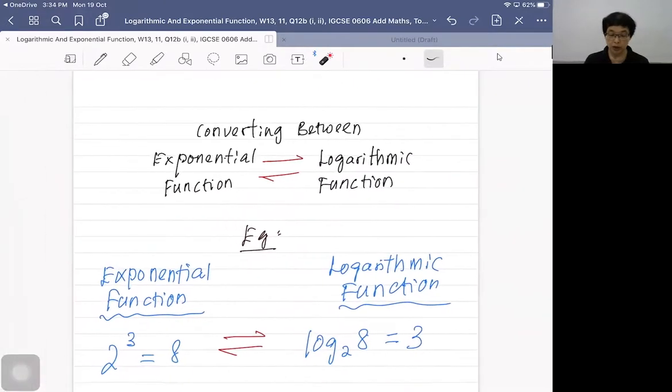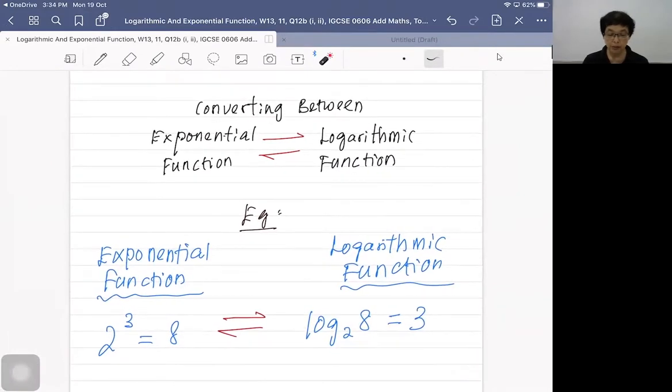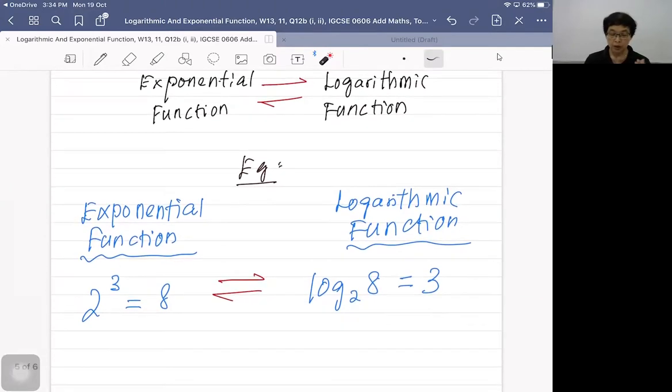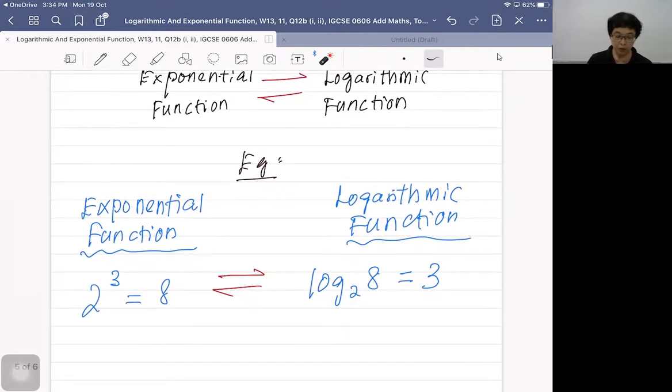To make it really straightforward, I put in an example of something really familiar: 2 to the power 3 equals 8, a small number in exponential format. It is equivalently presented in logarithmic format as such: log to the base of 2 coming up here.